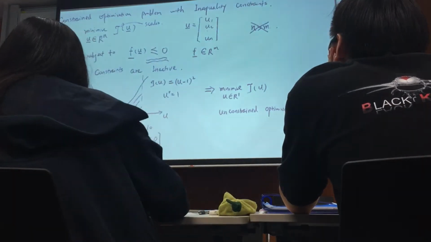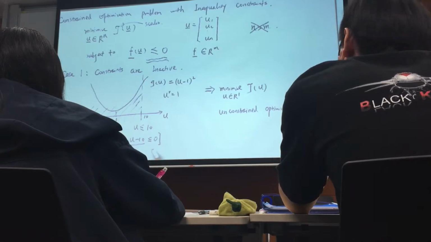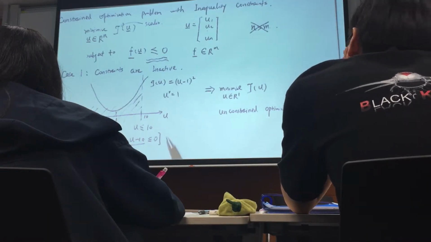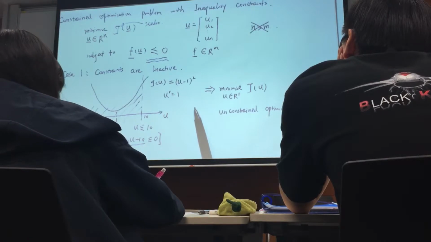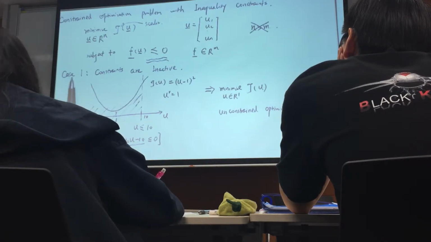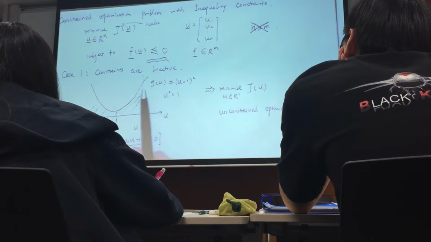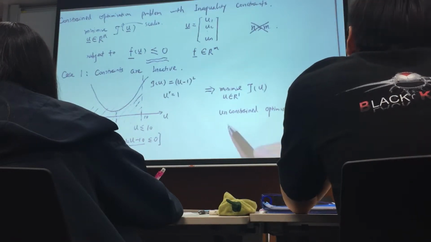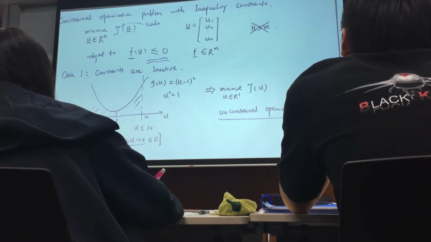So the solution is inside the boundary, so we actually don't need the constraint. The constraints are not active. So in this case, in case 1, if the constraints are not active, the problem can be converted into an unconstrained optimization problem.